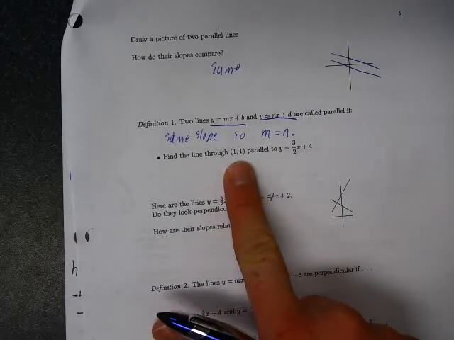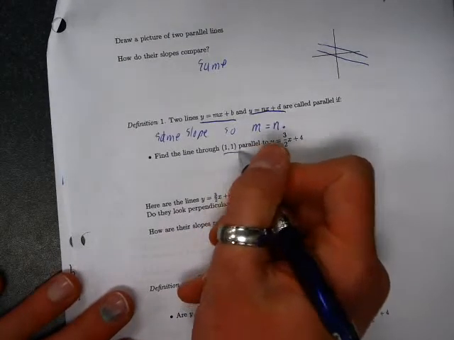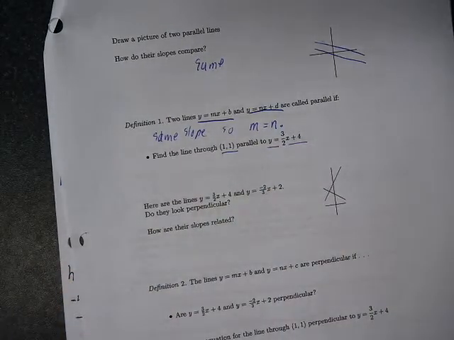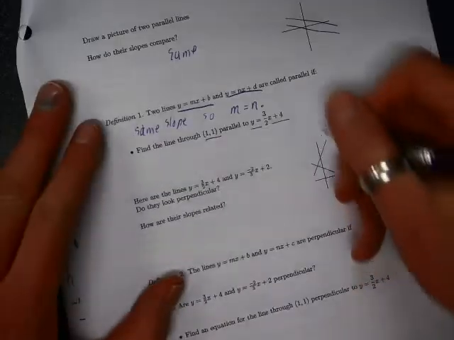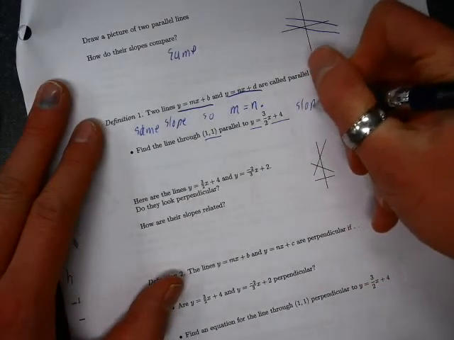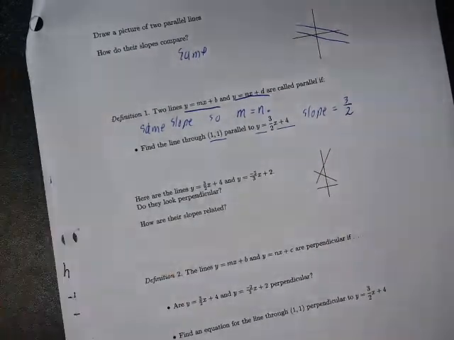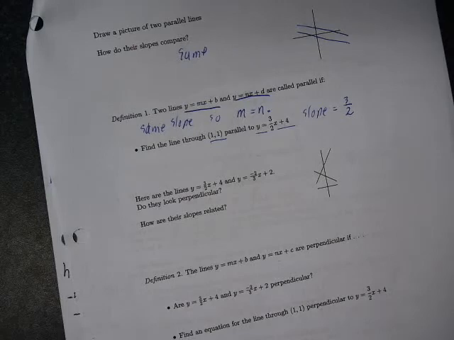Let's suppose I tell you that a line goes through the point 1, 1, and is parallel to the line y equals 3/2 x plus 4. Is that enough information to figure out this new line? Yeah. What's its slope? 3/2. Slope should be 3/2. Do I know a point on this line? Yeah.